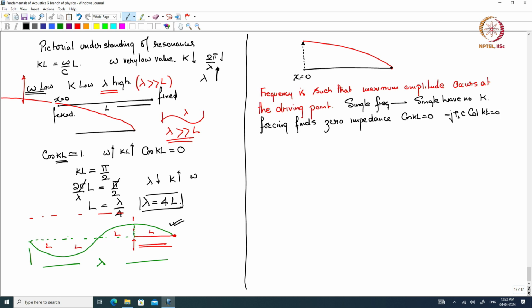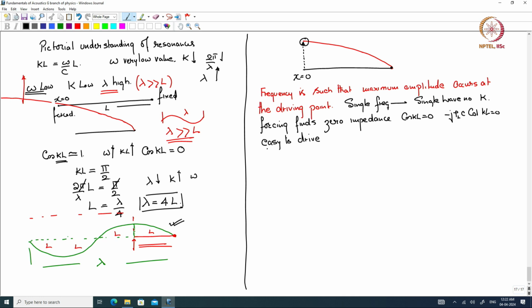So impedance is 0, that means easy to drive. Infinite impedance, hard to drive; 0 impedance, easy to drive. Why easy to drive? Because the maximum of the wavelength aligns with the forcing location. The string is saying it is very easy to drive me. Why? The wavelength is aligned in that manner.